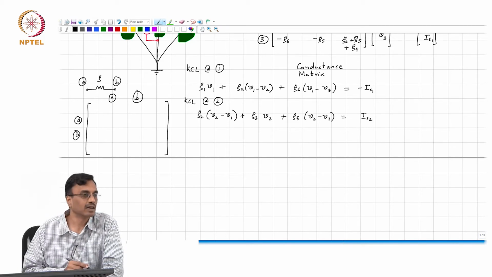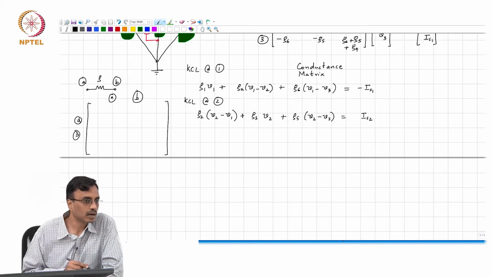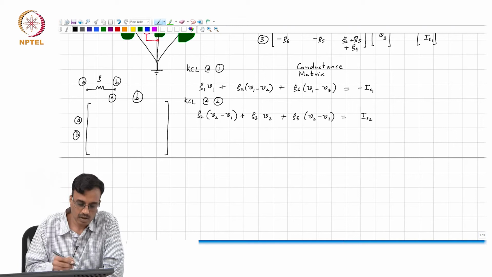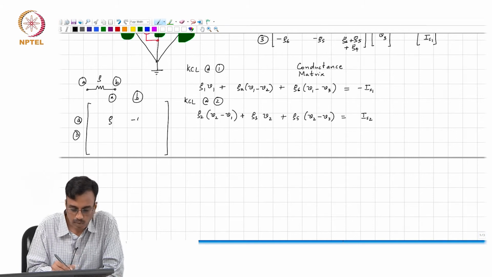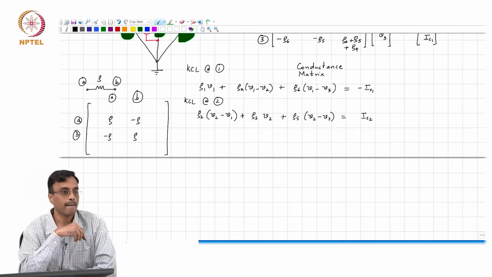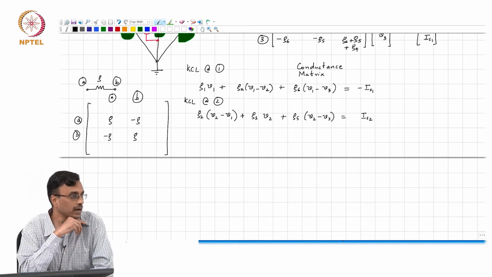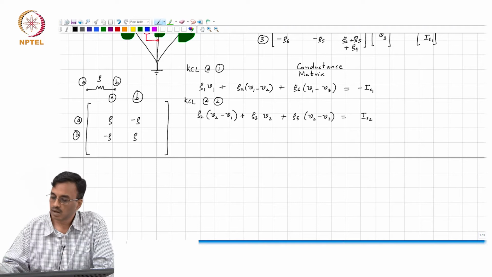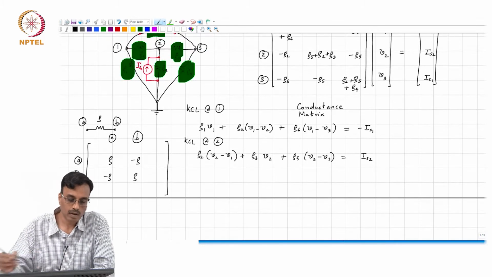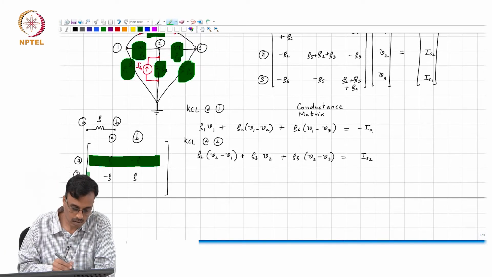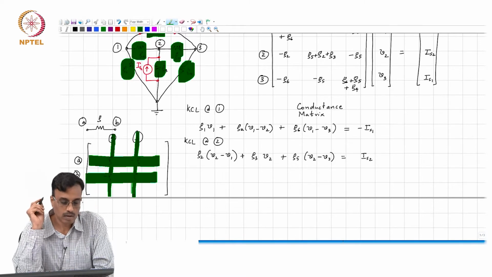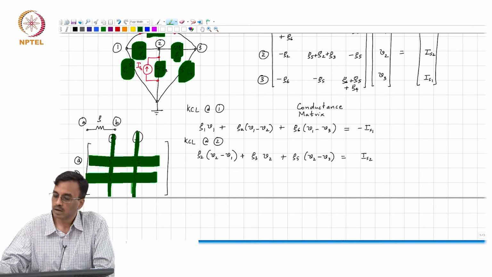And how does this appear? It appears as G, minus G, minus G and G, correct, and likewise.